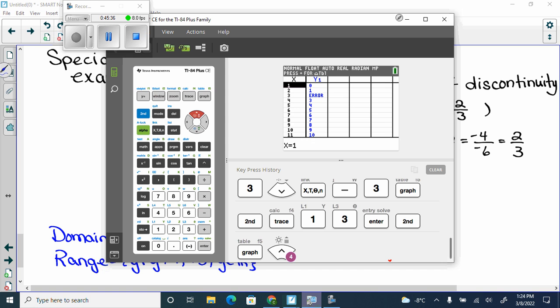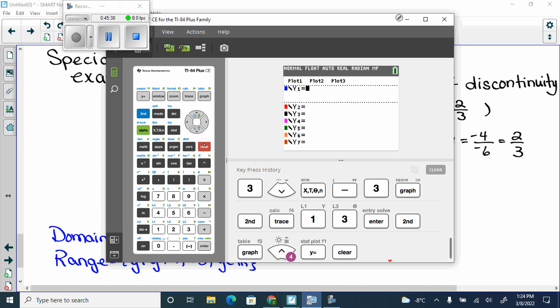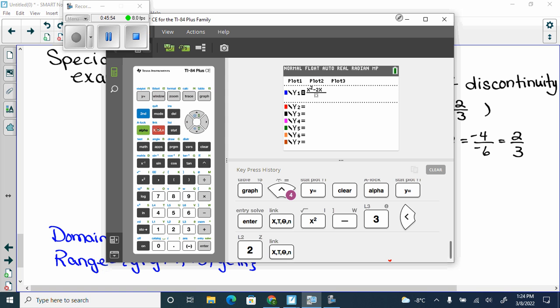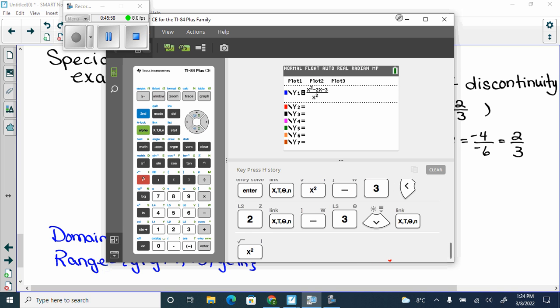So if I go alpha y equals enter, or bracket the top, bracket the bottom, x squared minus 3, is it 3x minus 4? I can't remember anymore. 2x minus 3. Thank you. And then x squared minus 4x minus 5.